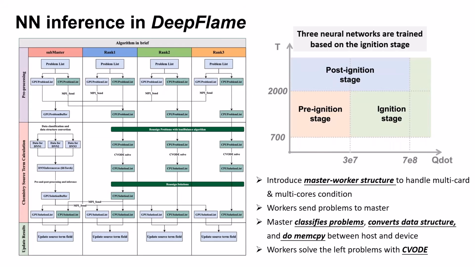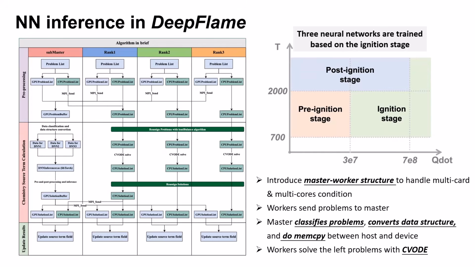If a cell has a temperature like here and the Q dot like here and falls in this position, we determine it is in the post-ignition stage and use NN1. And also if it is here, NN2. Now let's go back to the algorithm, how we do inference.